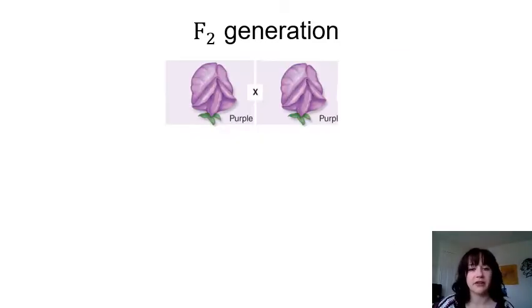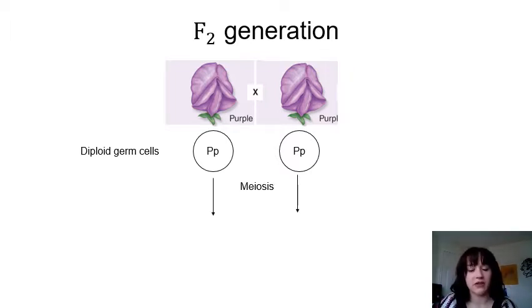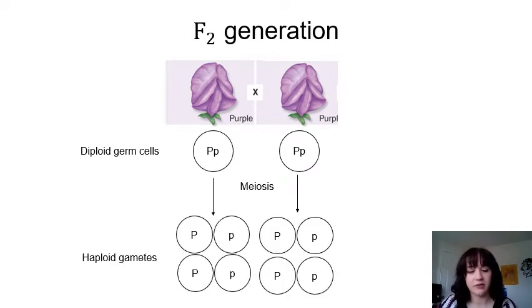So again, let's look at this from the perspective of meiosis. We have two plants that are heterozygous that we're crossing. Their diploid germ cells are heterozygous, and for the resulting gametes of meiosis of each of these plants, we've got two possible results. They could contribute either the dominant allele or the recessive allele.